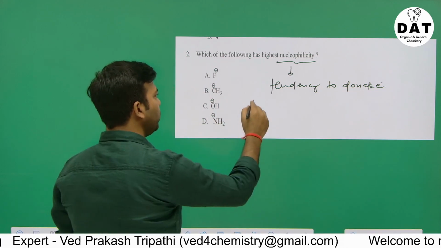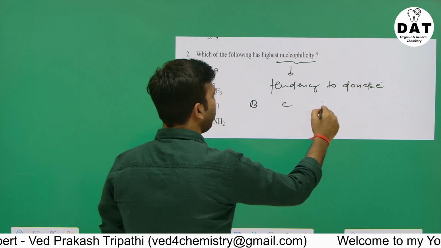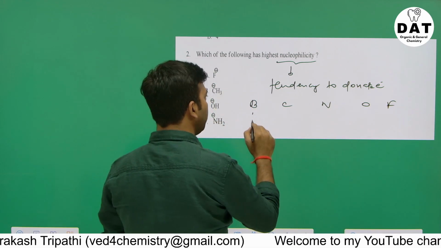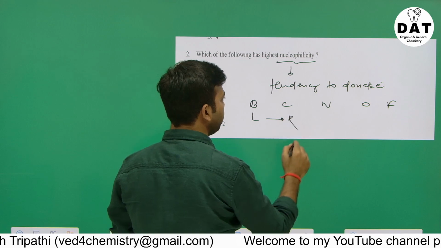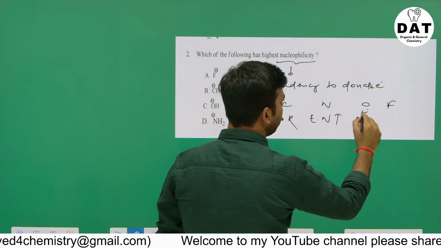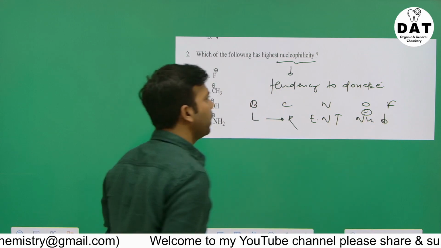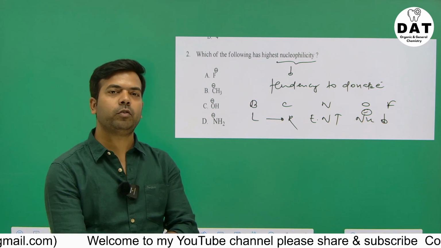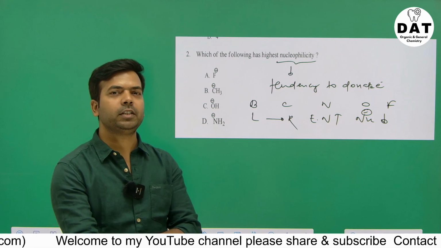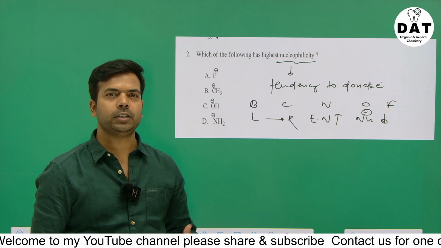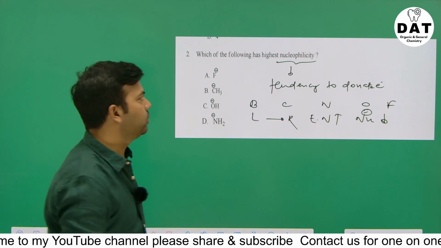If you look at the periodic table, moving left to right, electronegativity increases and nucleophilicity decreases. There is an inverse relation between electronegativity and nucleophilicity. Why? Because electronegativity is a tendency to hold electrons, not to donate, while nucleophilicity is a tendency to donate electrons.